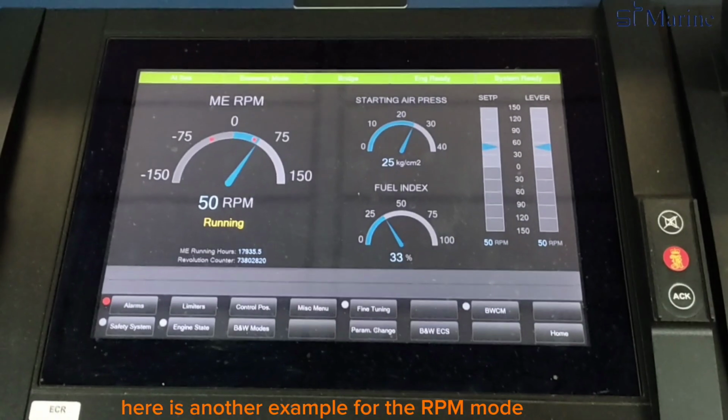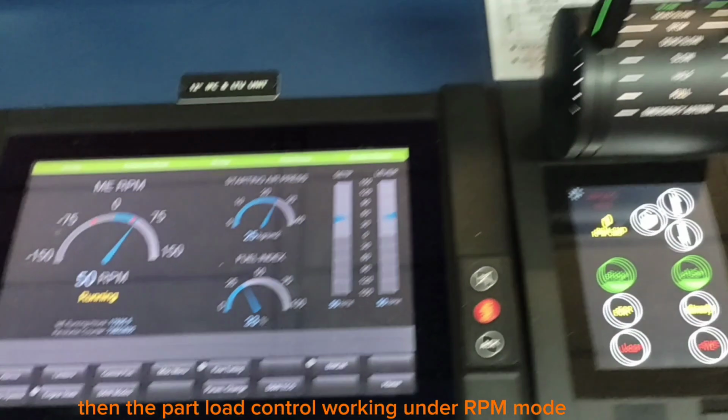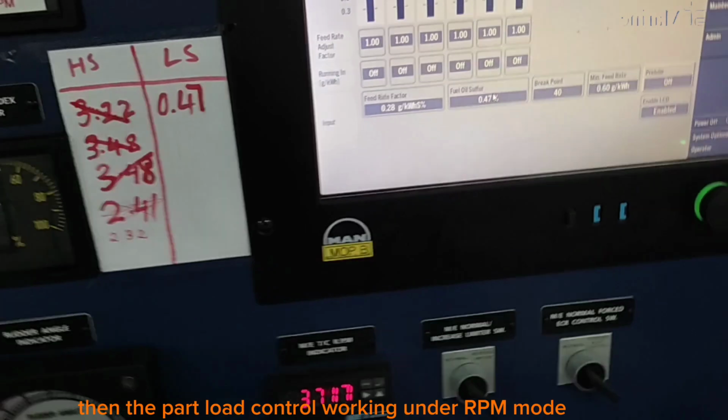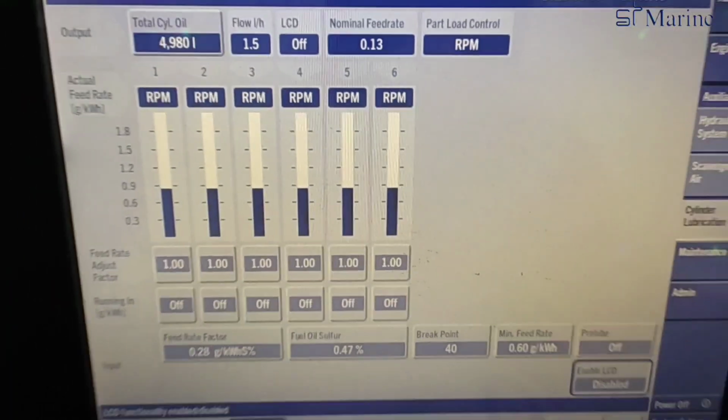Here is another example for RPM mode. The fuel index is 33%, so the part load control is working under RPM mode.